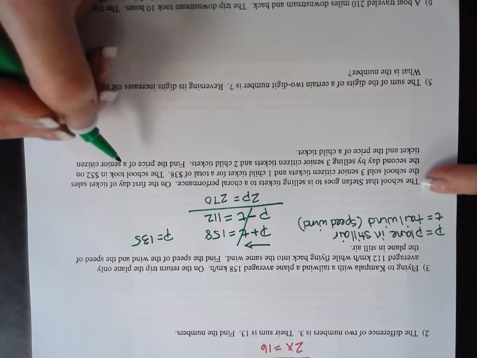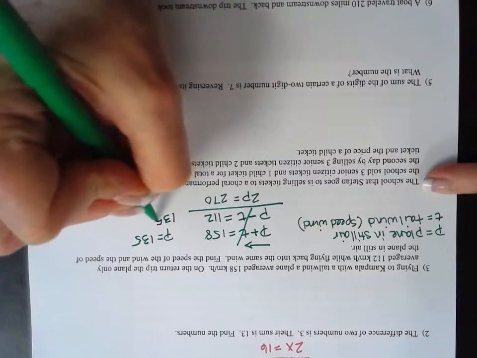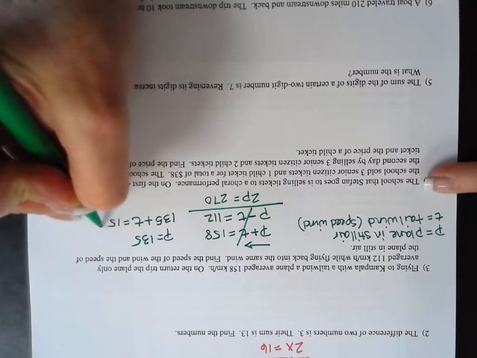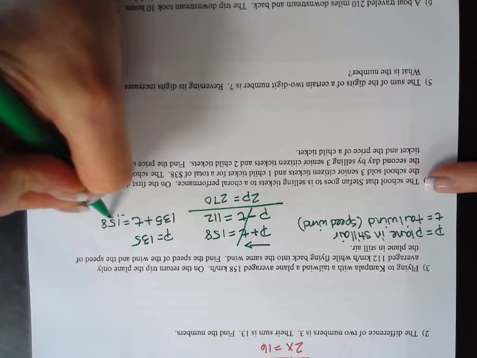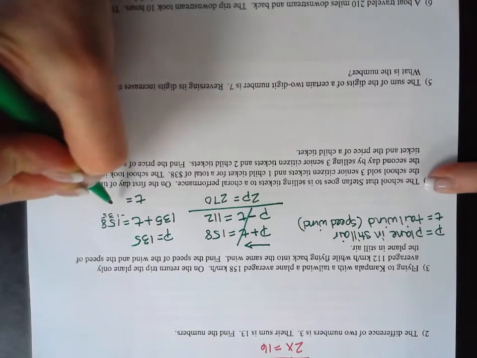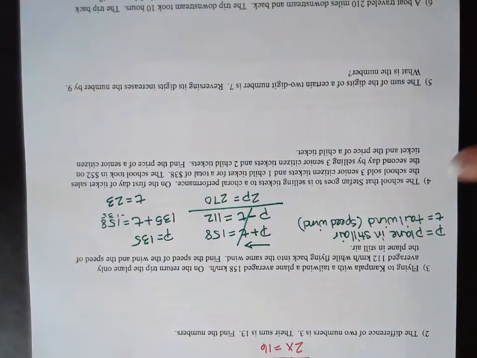And the speed of the wind then, I subtract 135, and I'm going to have 23. Yeah, it'd be kilometers per hour.